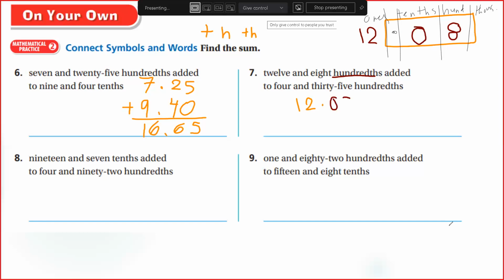So it's gonna be now 12 and 8 hundredths. Added to 4 and what? Yes, Jumana. 35 hundredths. How you write it? 35 hundredths. It's written to be as 35.